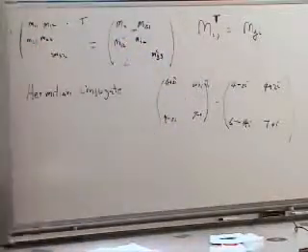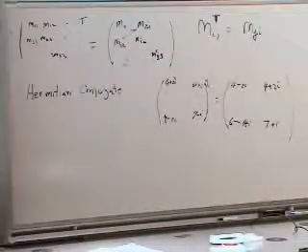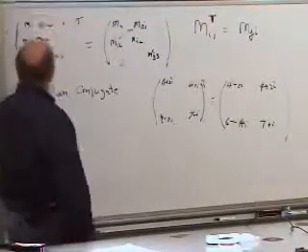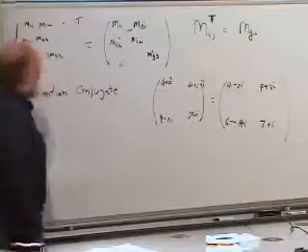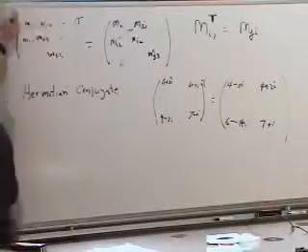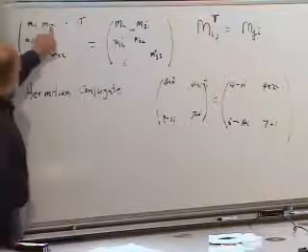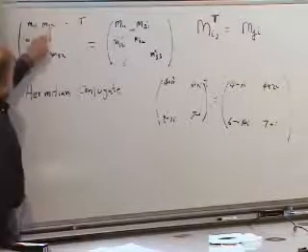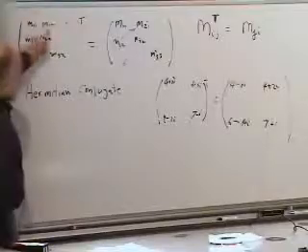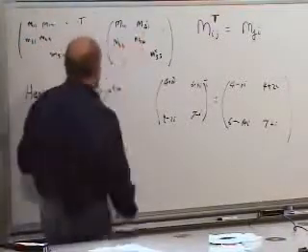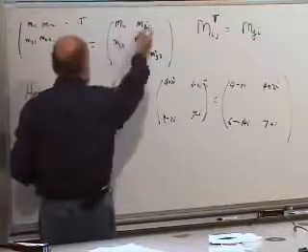A symmetric matrix is one that is equal to its own transpose. In other words, when you transpose it, you get back the same thing. In order for that to be the case, all that you need is that the reflected elements are the same as each other. So it would say that M21 has to be equal to M12.